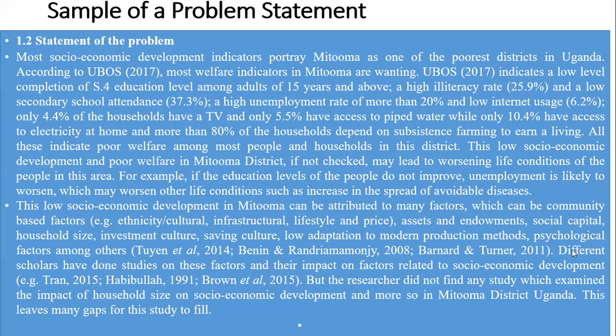So as you will see, some of the causes of low socioeconomic development of the household or the family may be even psychological. There are so many other factors, and these factors or causes are referenced according to different authors or researchers.